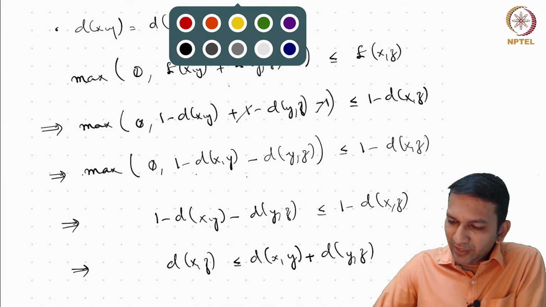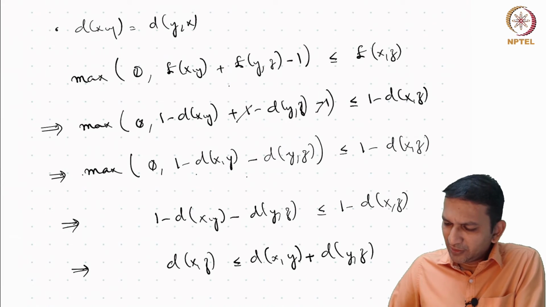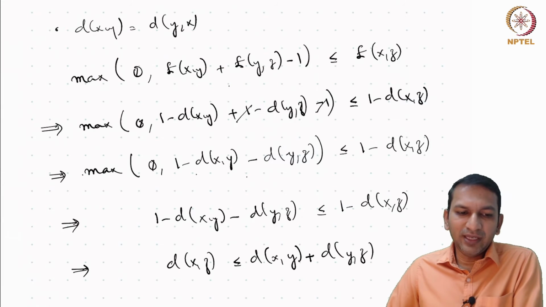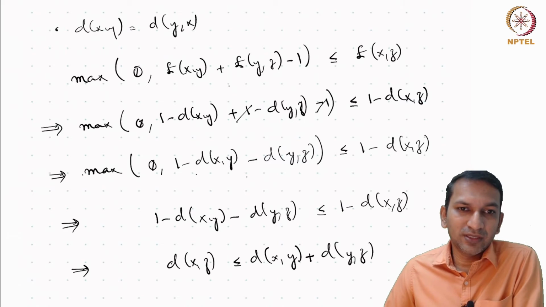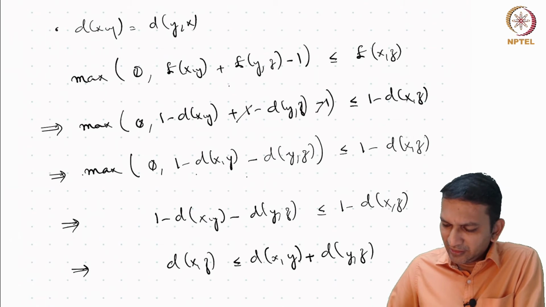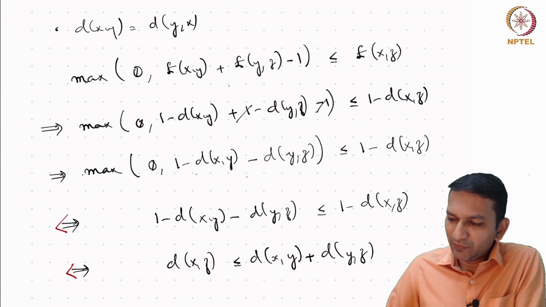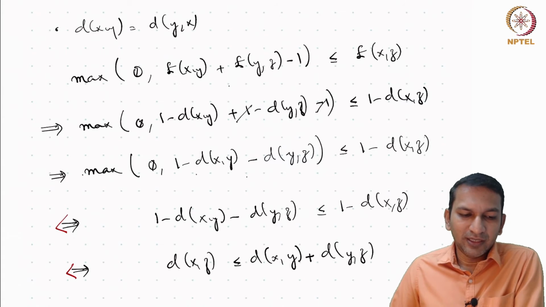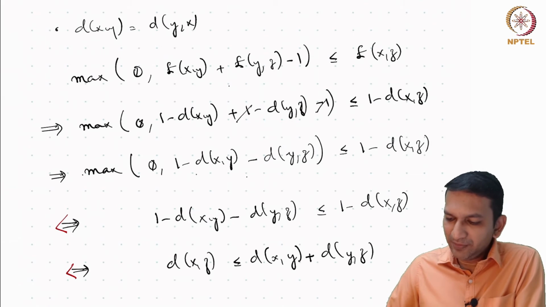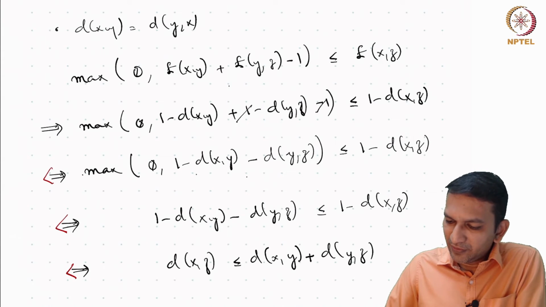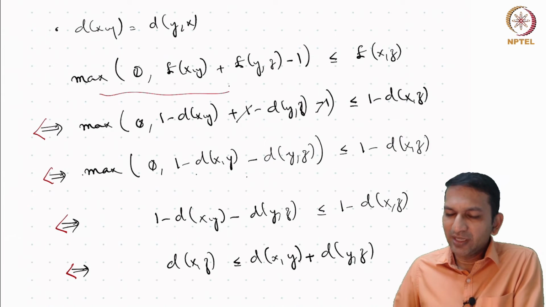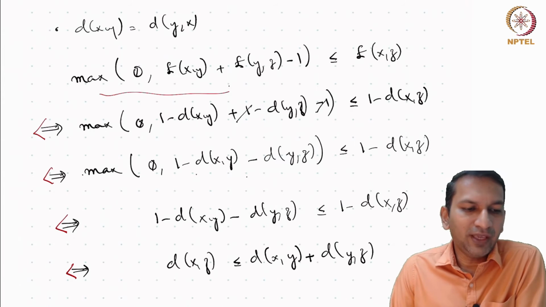Now, it is also very easy to retrace these steps. So now look at it. If you are given a d which satisfies triangle inequality, then from there we obtain this inequality. From there we could also add this because d is actually a function from X cross X to [0, 1]. And from here we can retrace this and we obtain this, which is essentially the T-transitivity of e.